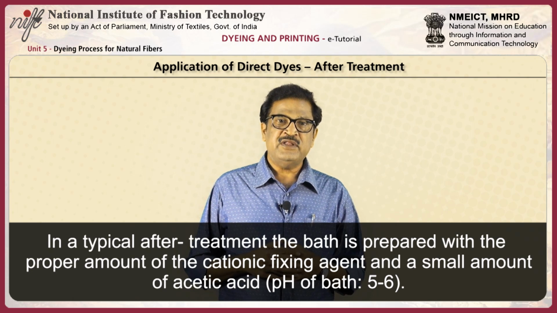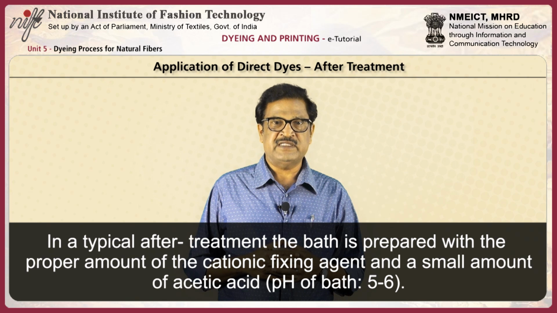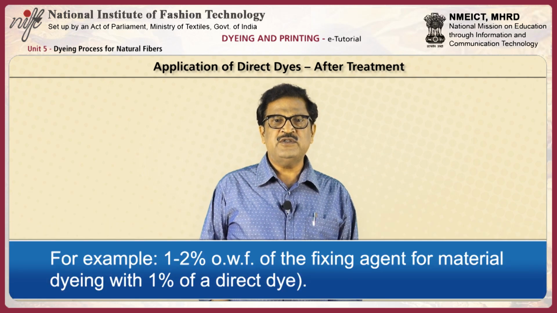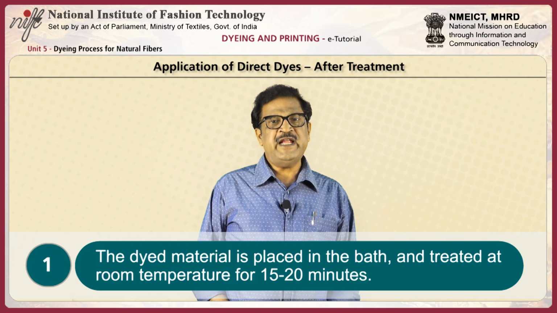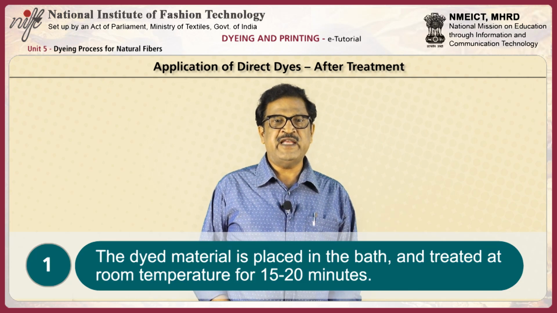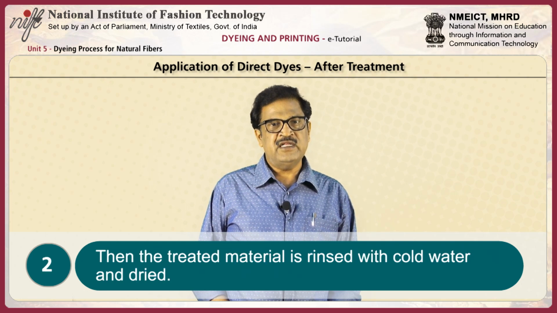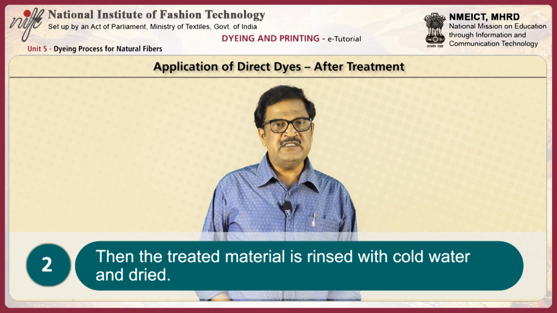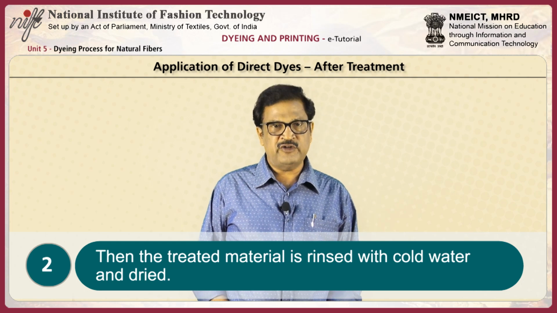The pH of the bath is to be maintained between 5 and 6. For example, 1 to 2% on weight of fiber of the fixing agent for the material dyed with 1% of a direct dye. The dyed material is placed in the bath and treated at room temperature for 15 to 20 minutes. Then the treated material is rinsed with cold water and dried.